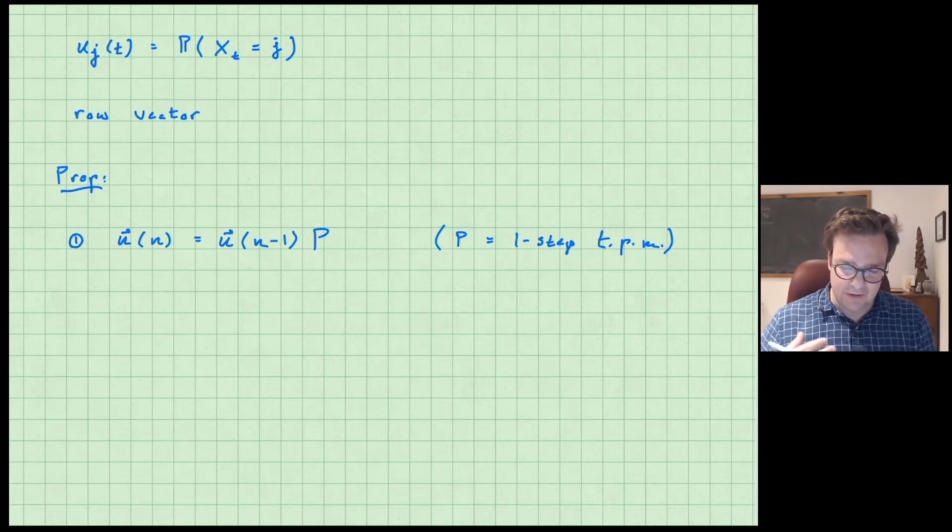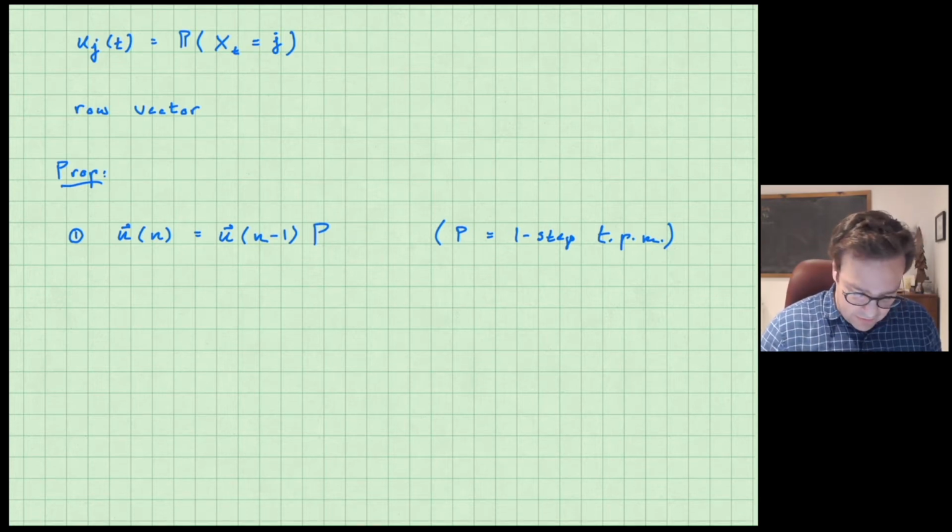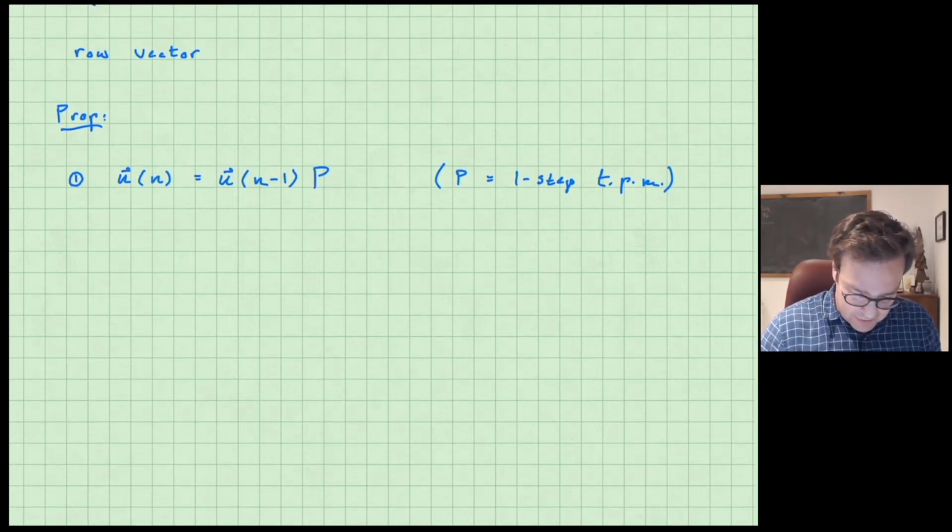So it's sort of like an incrementing machine. You hit this thing with the matrix and it increments the time. Okay, and the next claim in the proposition is relatively straightforward.